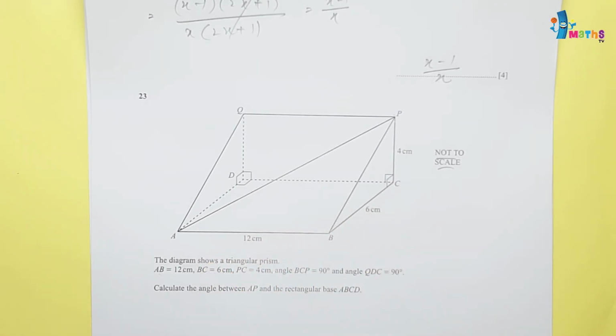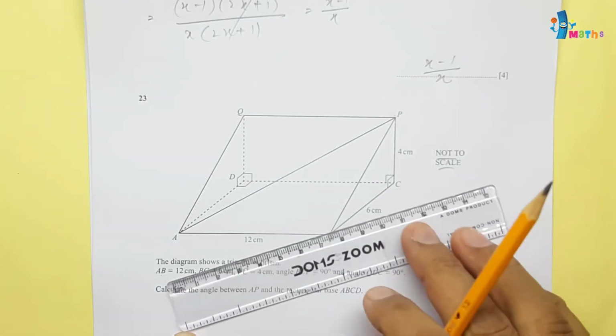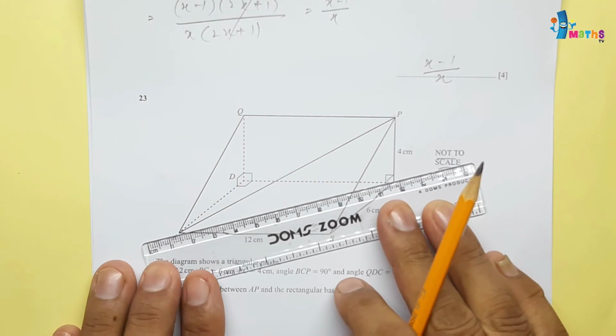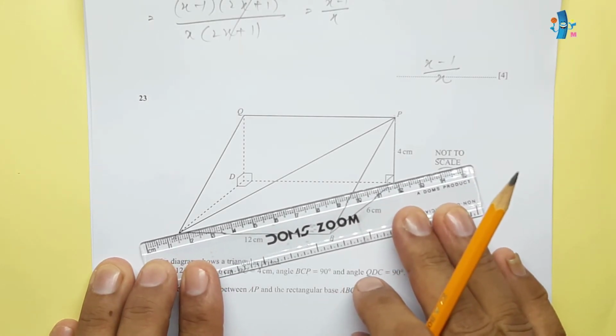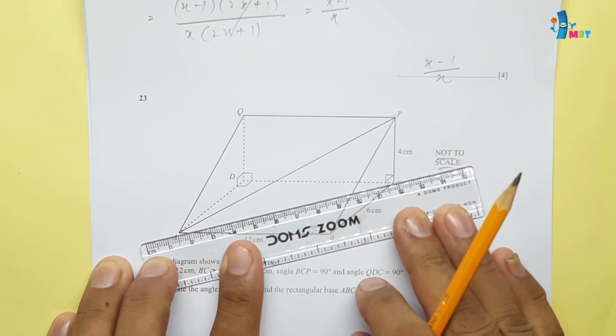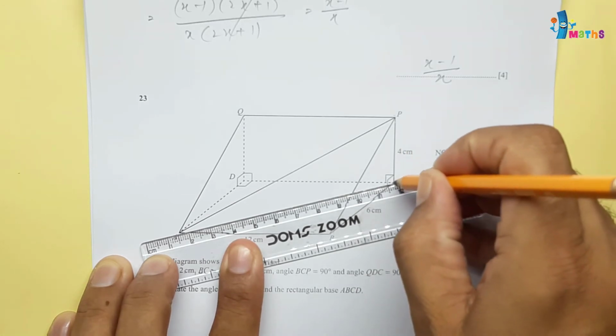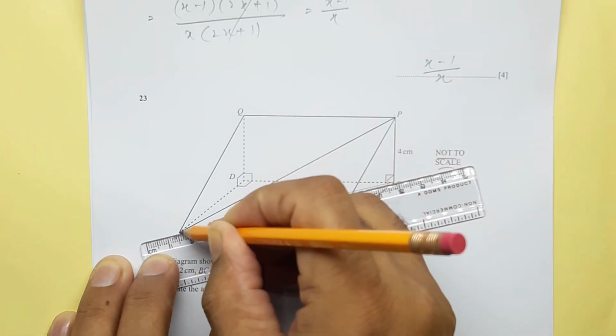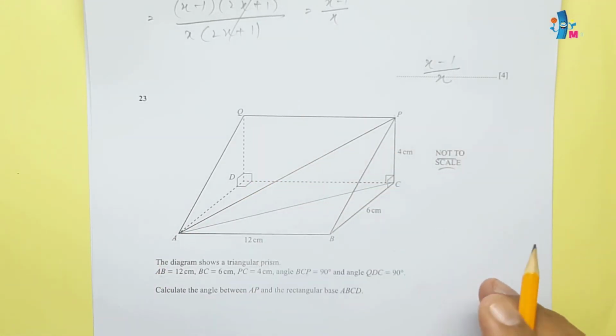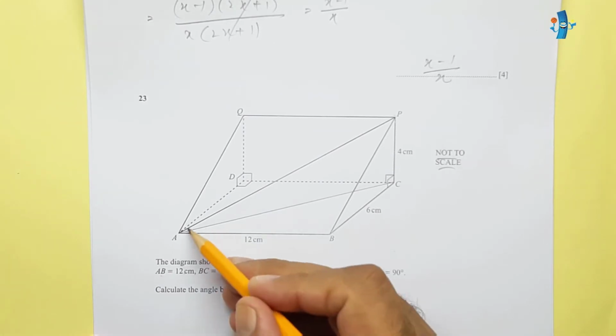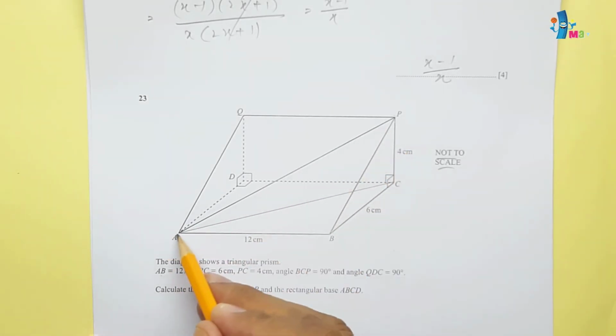So we will have to draw a line. We'll be drawing this line, joining A and C. They are asking us to calculate the angle between AP, this line, and this line.